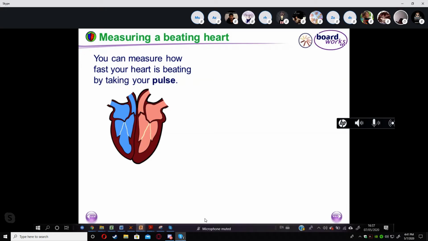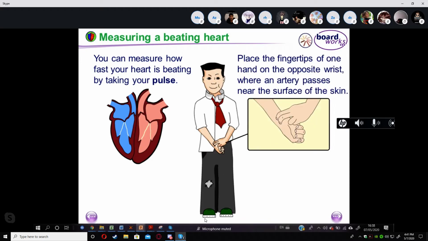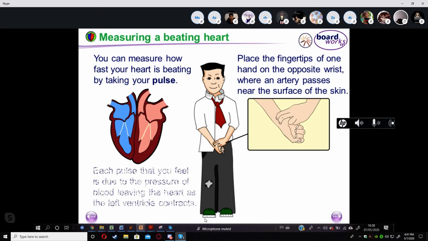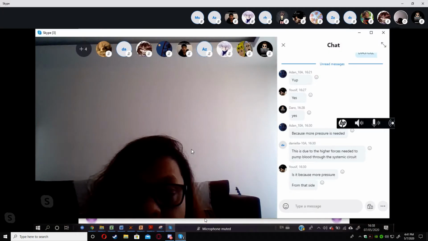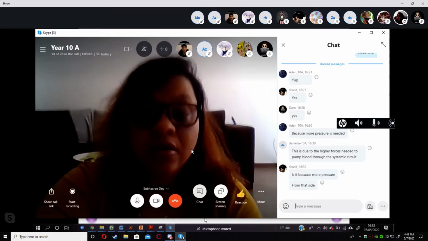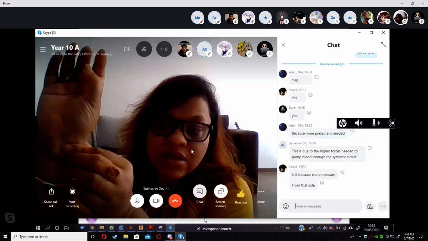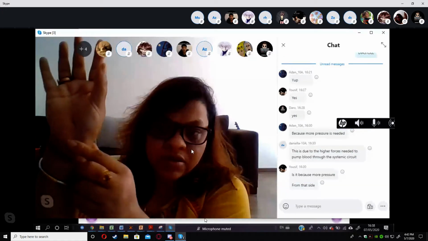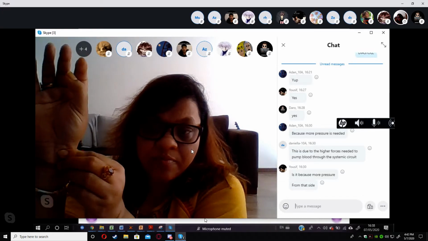So you can measure how fast your heart is beating by taking your pulse. And what is the pulse? If you touch your skin here, right below the thumb, this is called the pulse point.